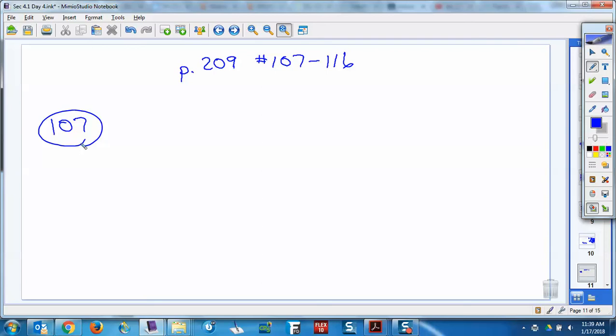Everybody agree on page 290, problem 107? Go ahead and read it.